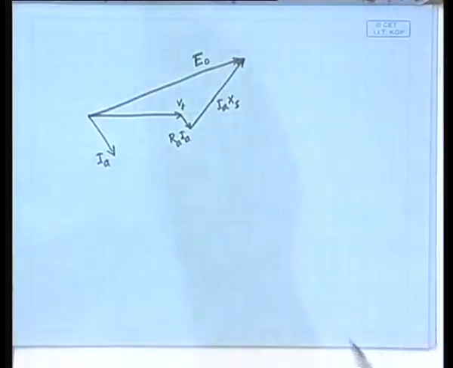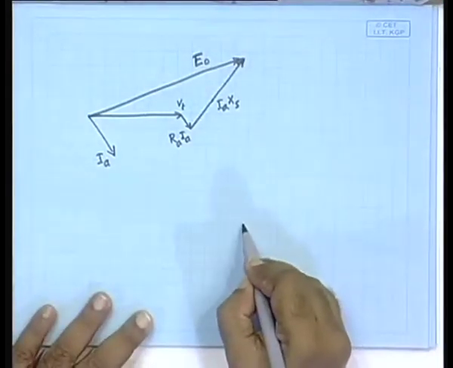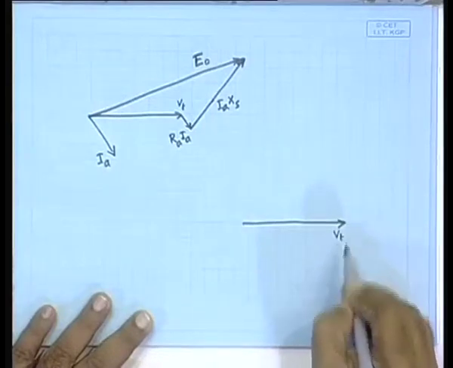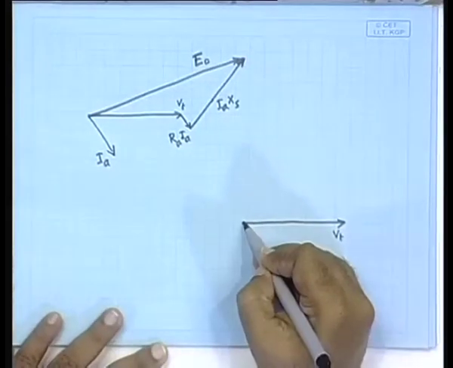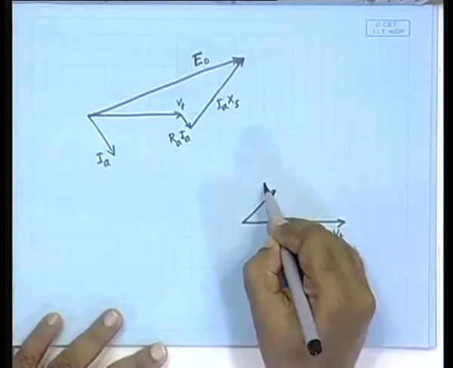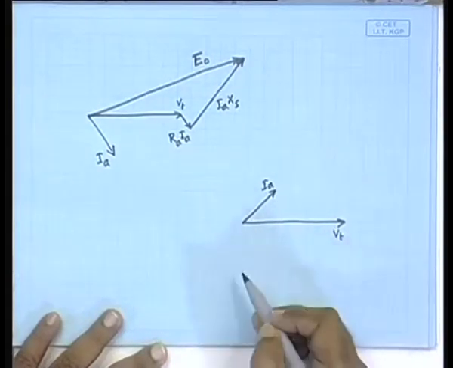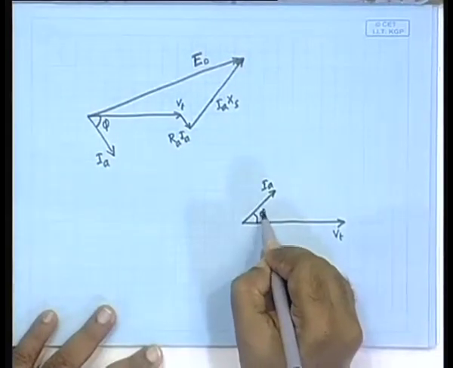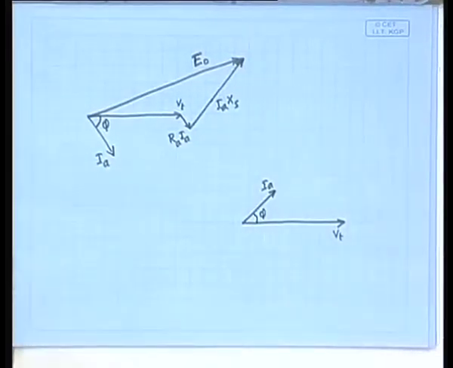Now, notice, if in case your load is capacitive, then what? This is V_t, here is your capacitive I_a, that is leading, this is your phi. So, now the phi will be like this, it is a leading power factor load.